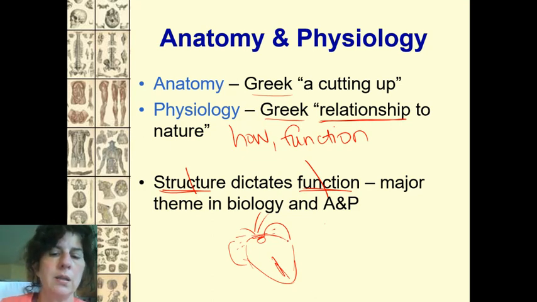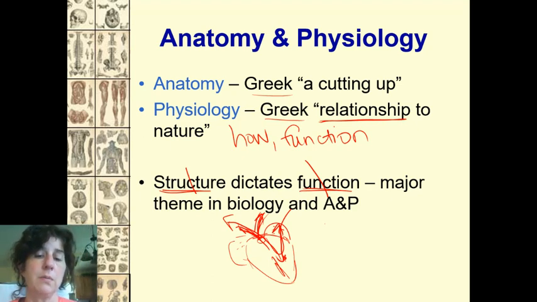Same with the valves that you would find between the atria and the ventricles. So this is the atria, this is the ventricle, and the vessels going out of the heart. What happens if the structure of those valves is incorrect? Then you're going to hear swooshing sounds, and instead of this one-way flow of blood out, you're going to have a backflow of blood because those chambers can't seal off completely.